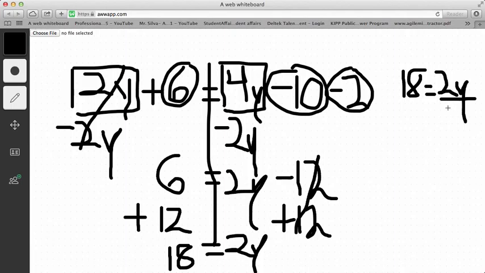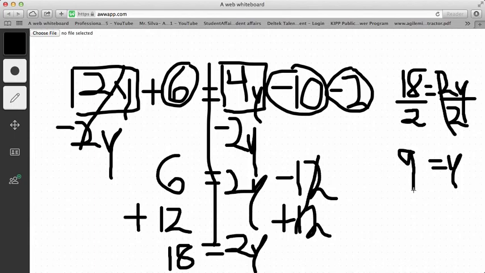So I would divide, in this case, by 2, the coefficient, and whatever I do to the right side or the left side I have to do to the other side. 2 divided by 2 just gives us 1, so those cancel out, and I'm left with y on the left side. And then 18 divided by 2 is 9, so our solution is 9 is equal to y. And we can just simply plug that into our equation, and if we have our left side equal to our right side, then you know we did it correctly.